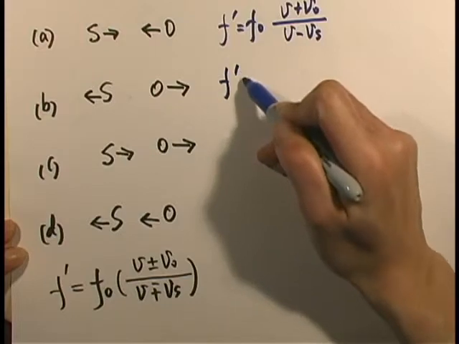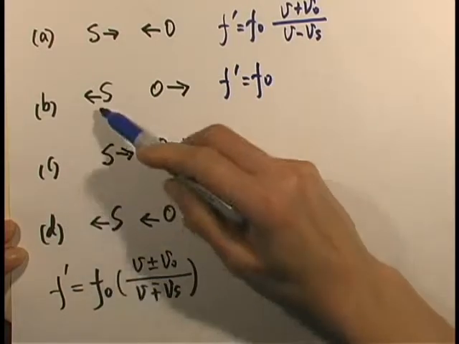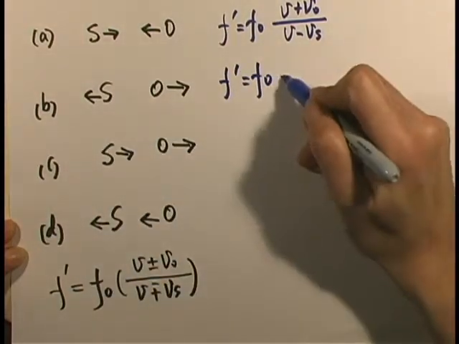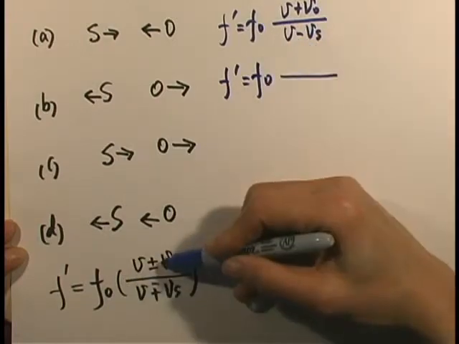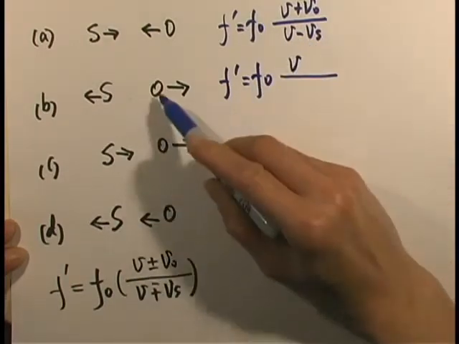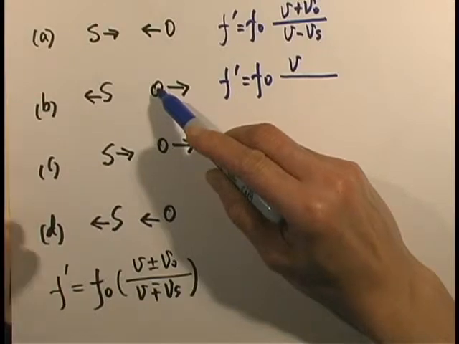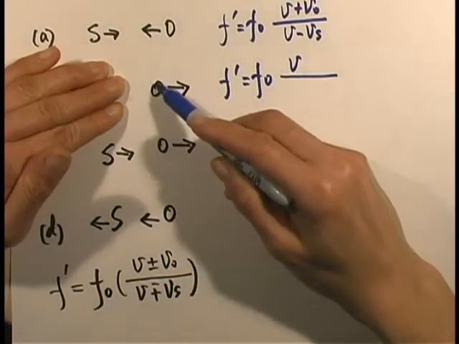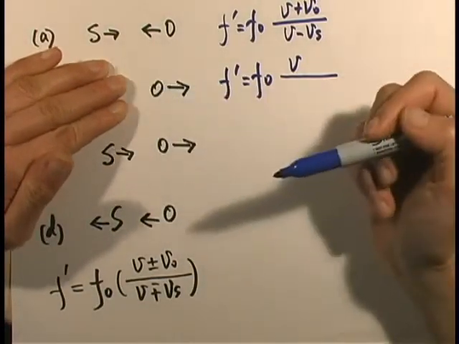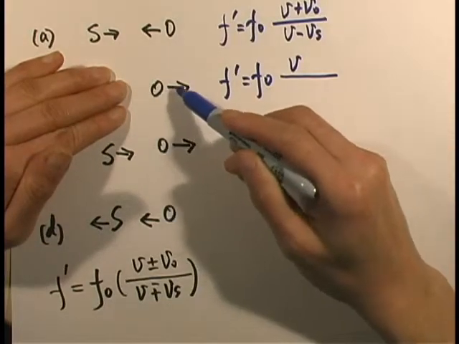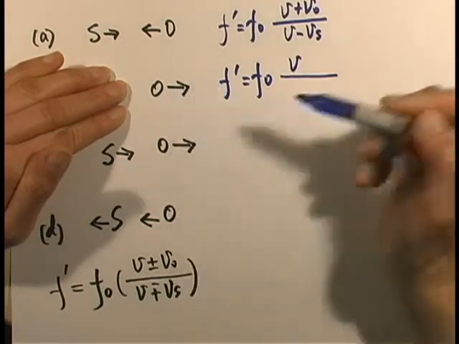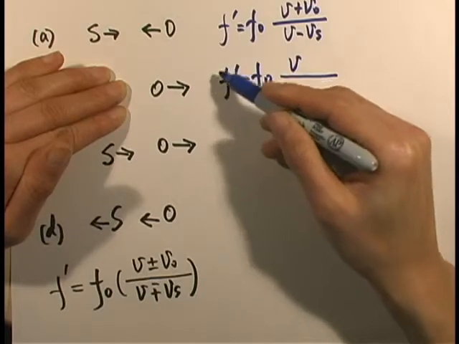Now let's practice again. For the situation of case number B, the numerator is about the observer. So when we think about the observer, we assume the source is at rest. Now the observer is moving, since the source is on the left, the observer is moving to the right, away from the source. So you receive a lower frequency.